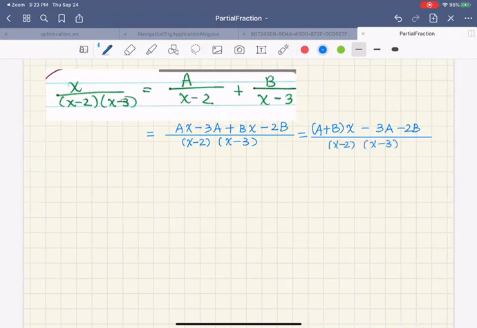Correct? Then we will have this system linear equation, which is a plus b equals to 1. This equals to 0. So 3a plus 2b equals to 0.